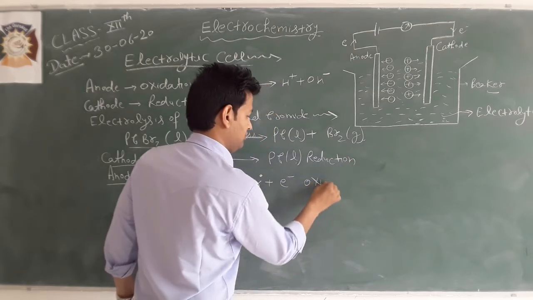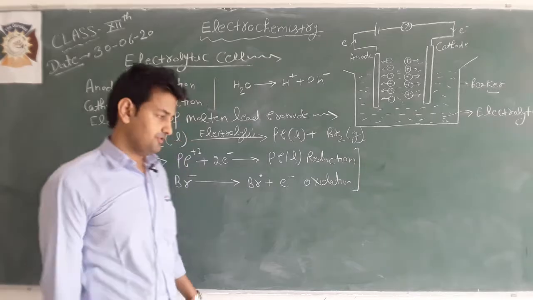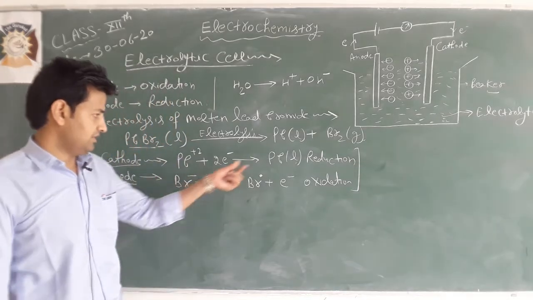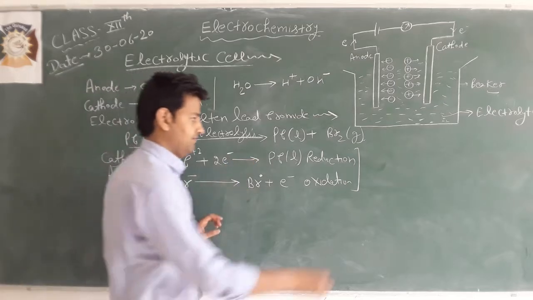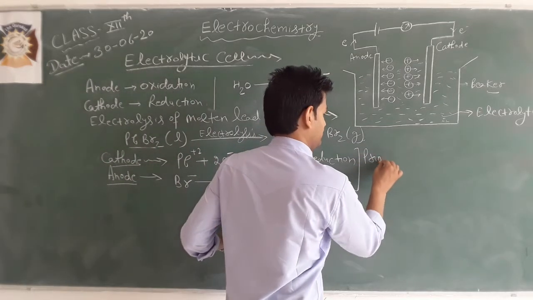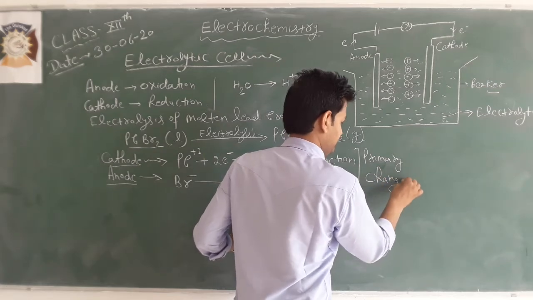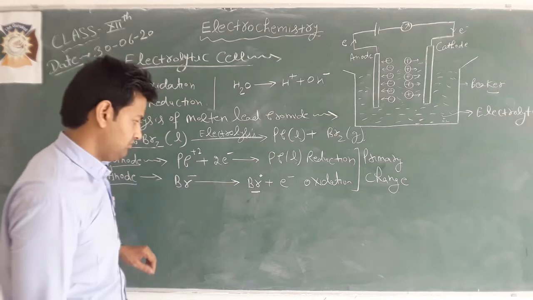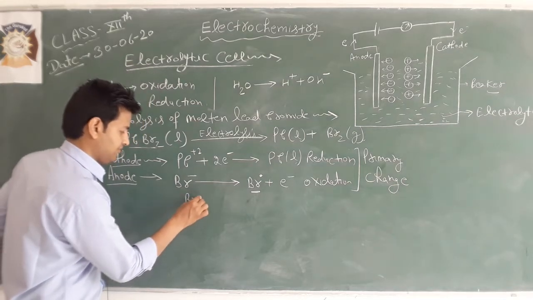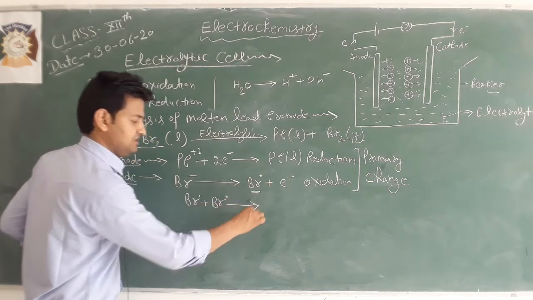This free radical is not stable. When ions are converted into these species, we call it the primary change. Okay students, this is called the primary change, but this is not stable, so it converts into molecular form. A bromine free radical plus a second bromine free radical will join to form Br2 gas.